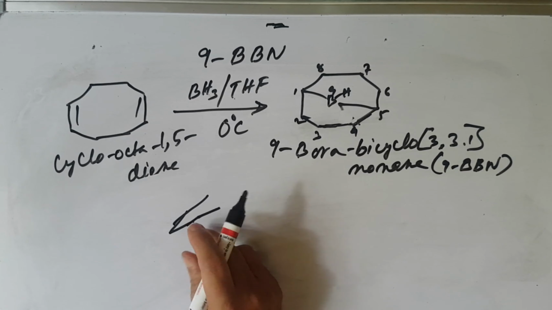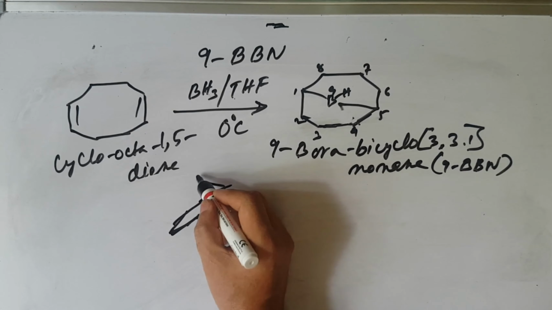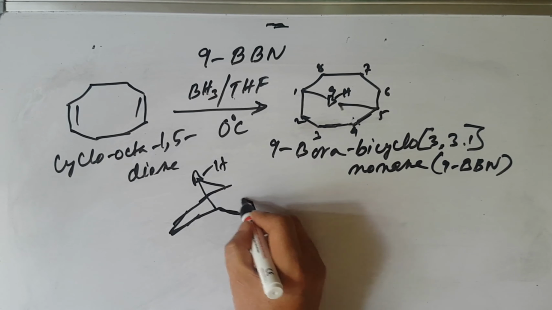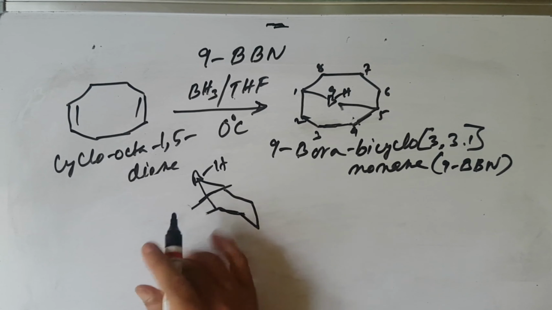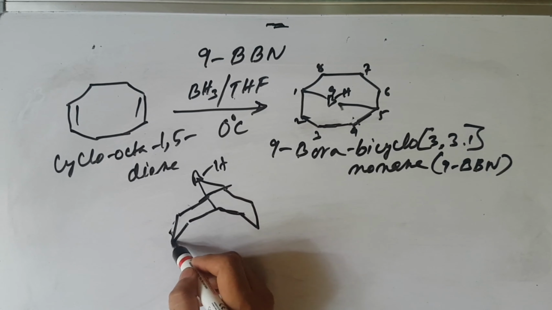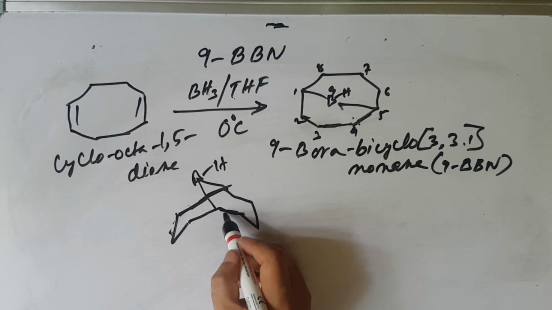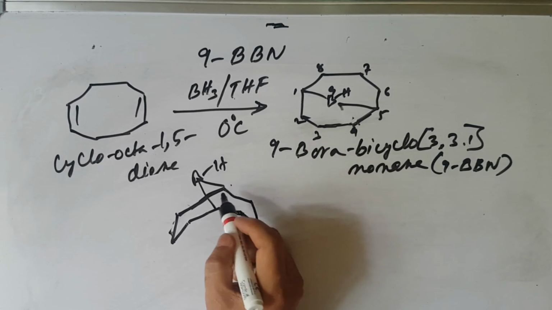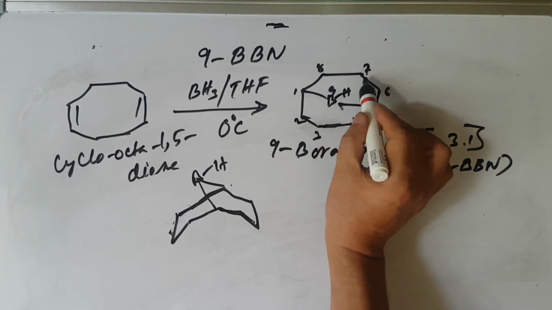I will write it simply. This one is represented with B-H here, and this one. Here 1, 2, 3, and 1 here, 1, 2, 3, and then here also 1, 2, 3.